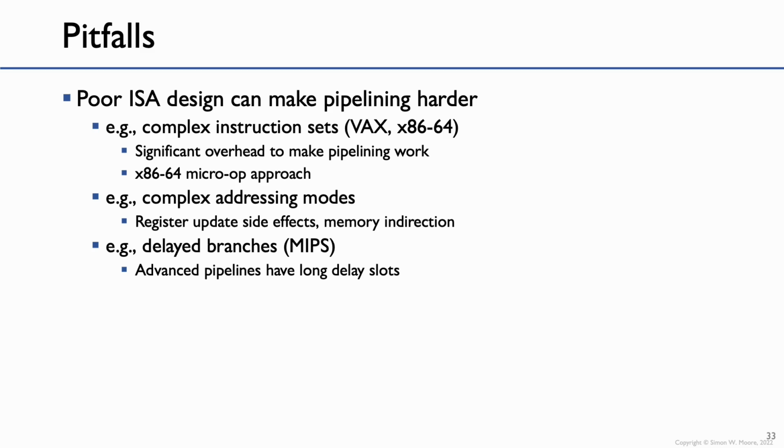That made sense on a very simple pipeline, but as soon as you've got an advanced, much longer pipeline, the branch delay slot changes, and yet the model presented to software is that you only have one branch delay slot, and it turns out that's a right pain to implement.